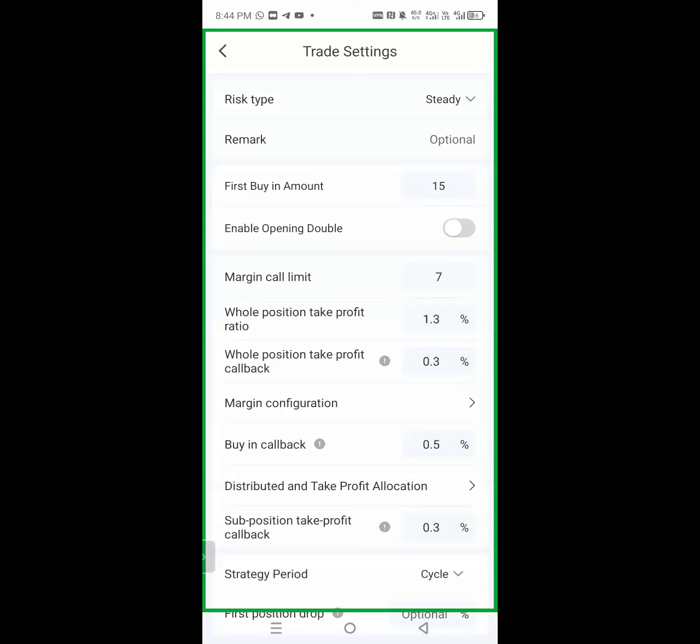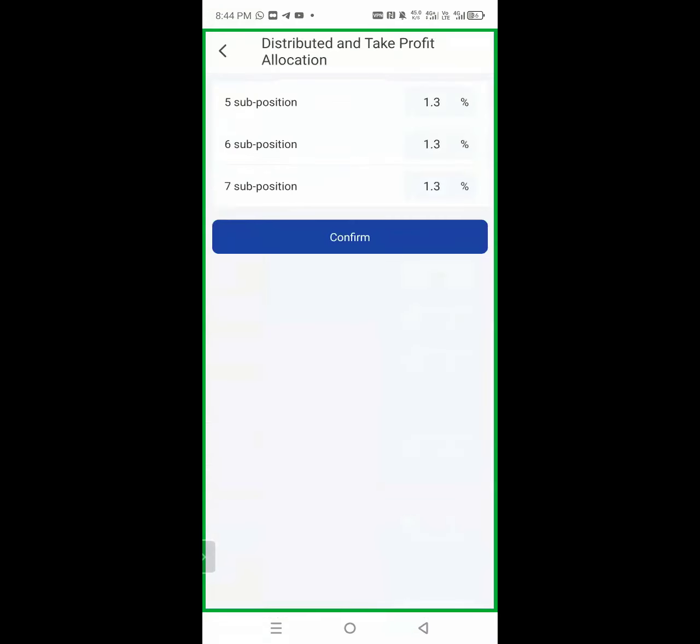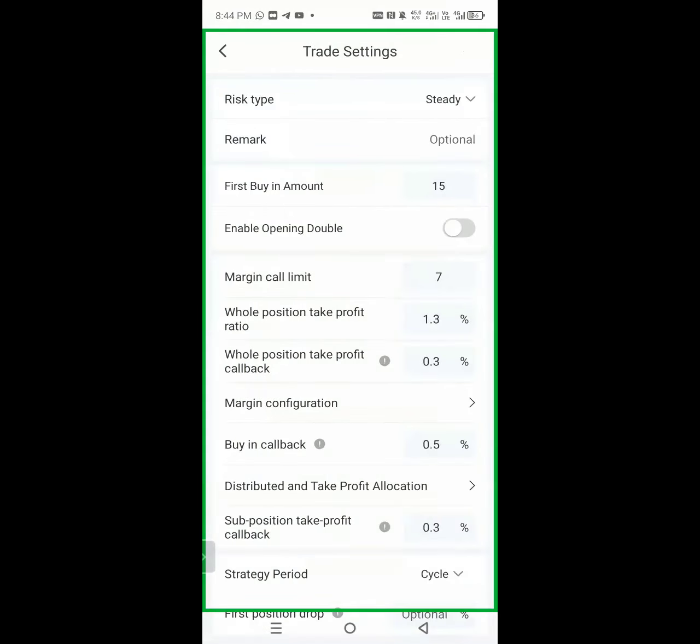So first things first is to come to your trade settings. From your mind, you go to my strategy settings and you create a trade setting depending on your capital. A person might say, I want to start with $100 capital.